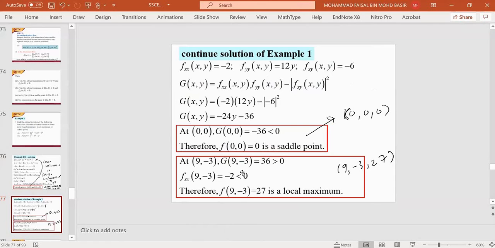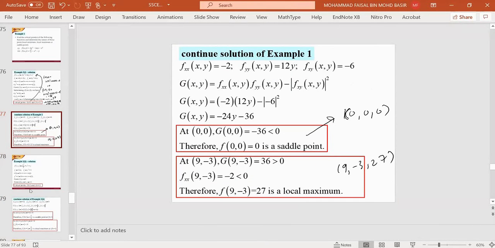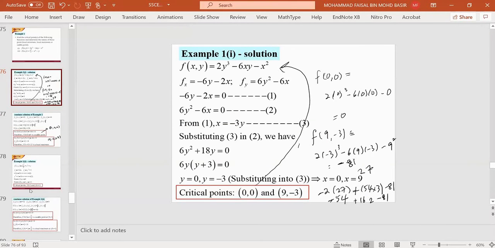Okay, so you will get local max: (9, -3, 27) is a local max, and (0, 0, 0) is a saddle point. Okay, do you have a question for this? Any question?